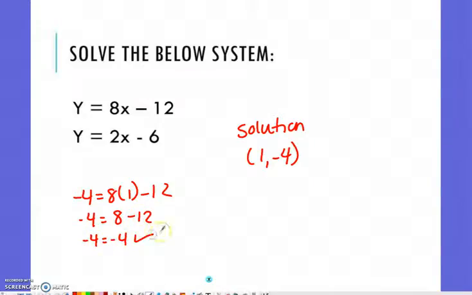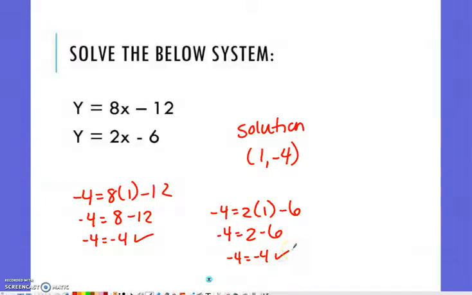Okay, so that one works. That's good. Then here, y, which is negative 4, equals 2 times 1 minus 6, because the 1 comes from there. Well, 2 times 1 is 2, minus 6, and 2 minus 6 is negative 4. Okay? It's true for both equations, which is why it's a solution. It means a point that'll work for both of them, essentially. Okay? So, let's do another example.